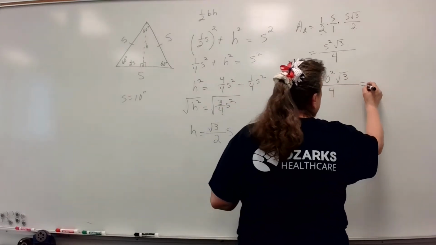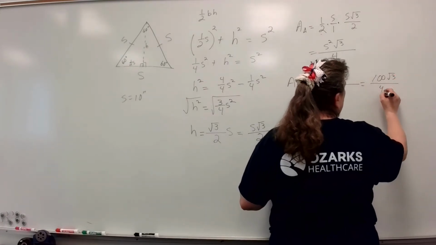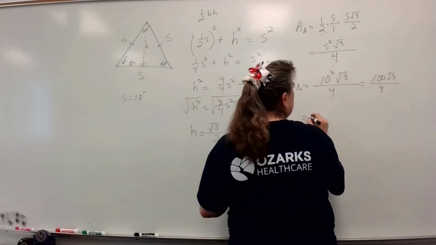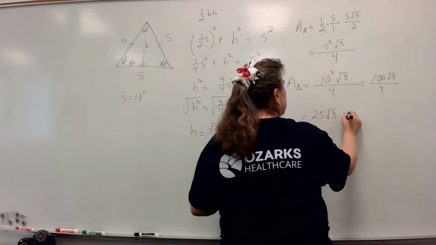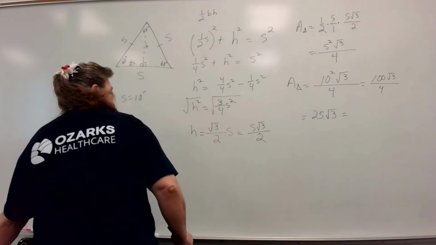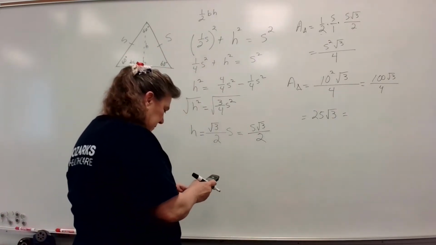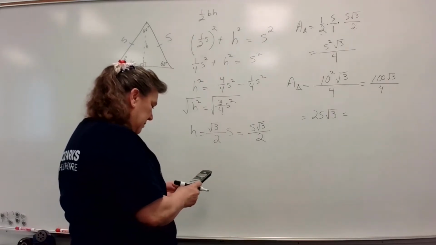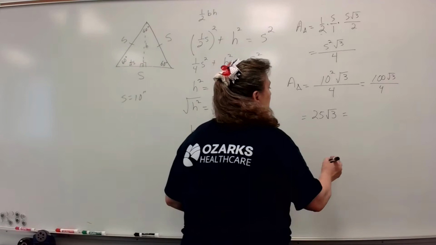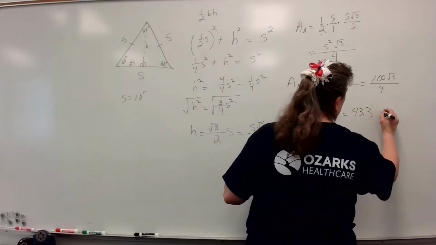Well, 10 squared is 100 square root of 3 over 4. 100 divided by 4 gives me 25 square root of 3, which is approximately equal to, let's see what it is, 25 times the square root of 3 equals 43.3. And that was square inches.